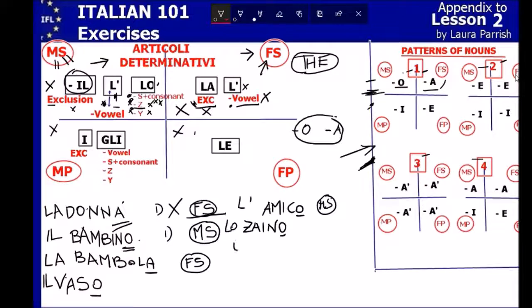Let's do yogurt. I like yogurt. This is a foreign word for Italian. Anyway, with yogurt there is a rule that you find in lesson number 1. Every time a word is not Italian, is a foreign word, and you know because all Italian words end with a vowel, a word ending with a consonant is a non-Italian word.